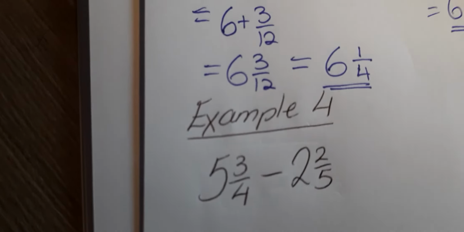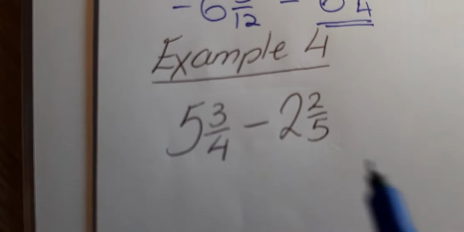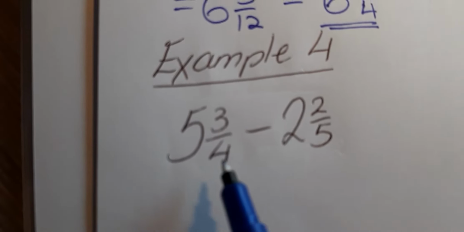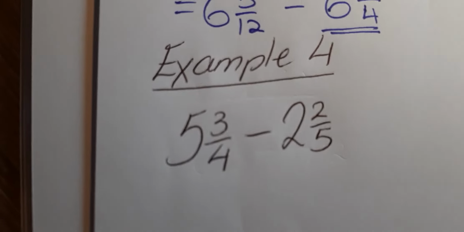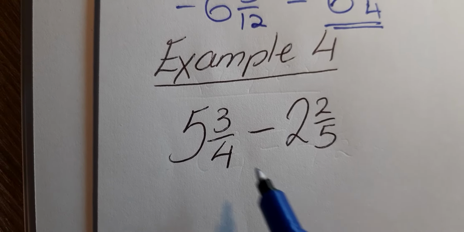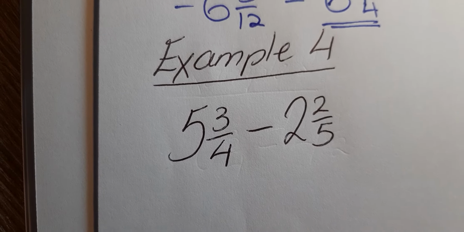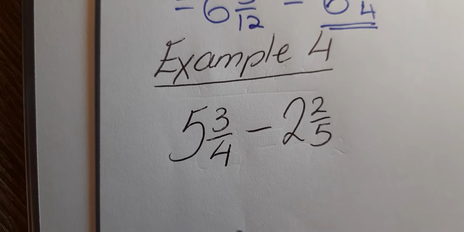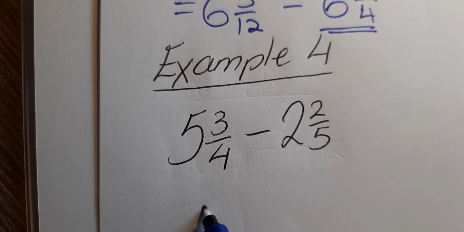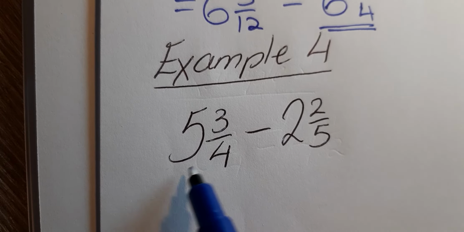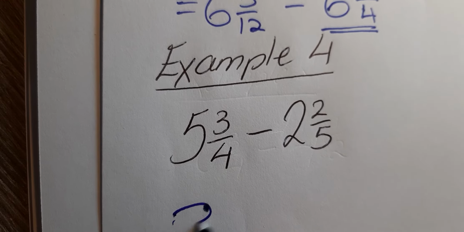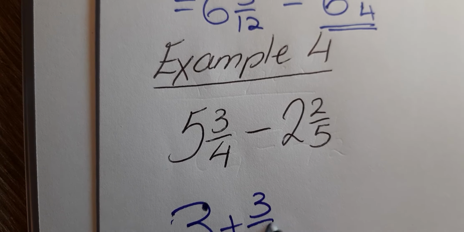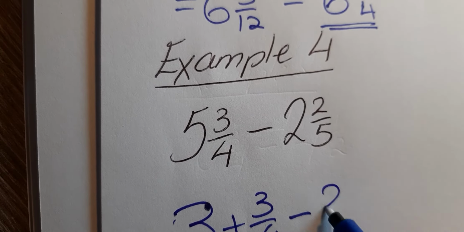And the last example here, they have different denominators. The denominators are very close. And do you remember we said when they're very close, just multiply them by each other. So we have 5 minus 2, which is 3, plus the 3/4 minus 2/5.